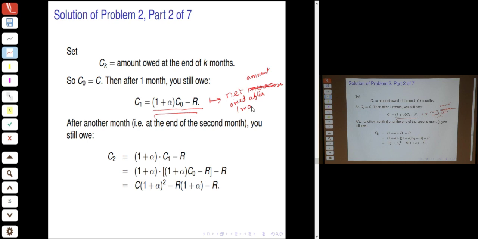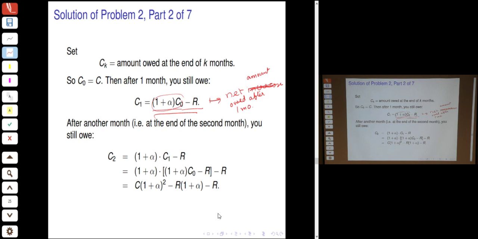So it's like a competition between these two quantities. Your monthly debt is growing, and you are paying off some of it, so it's reducing by a bit.